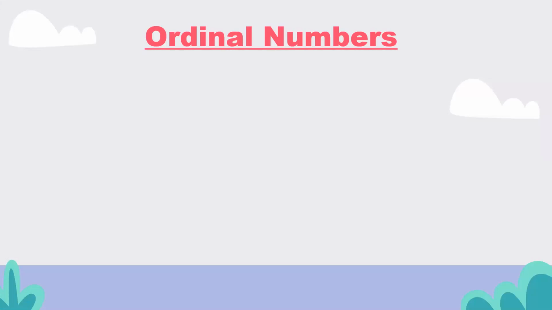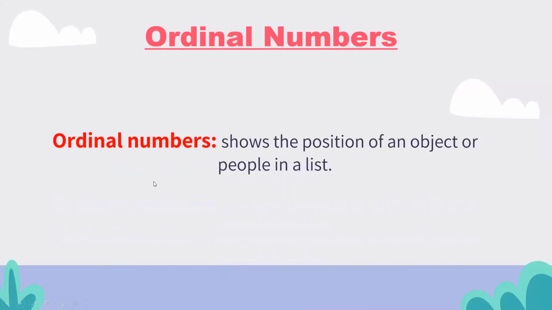Let's move to the ordinal numbers. What is the meaning of ordinal numbers? It shows the position of an object or people in a list.